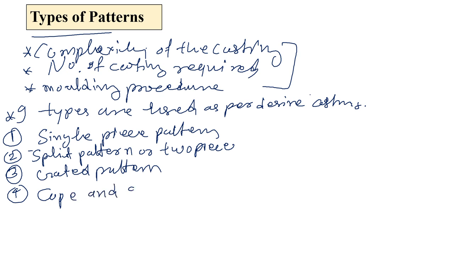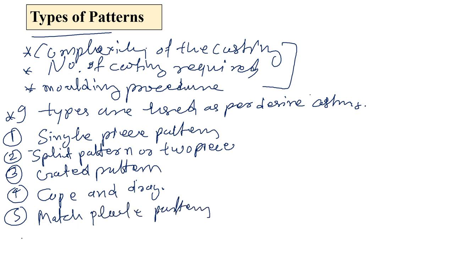In the cope and drag pattern, two parts are used. One is the cope and the second is the drag. The fifth pattern is the match plate pattern. The sixth pattern is the loose piece pattern.